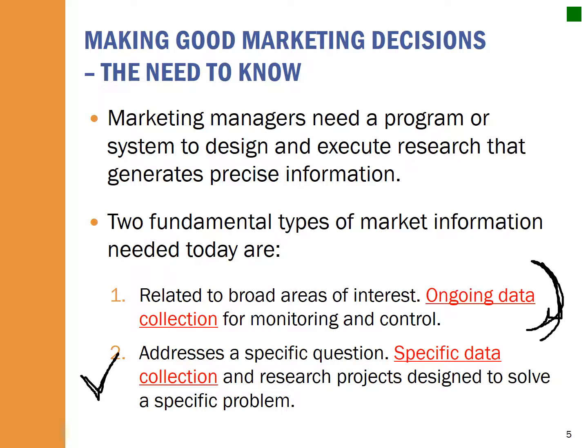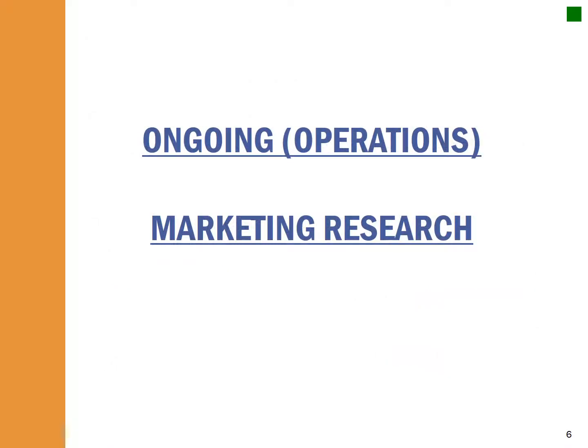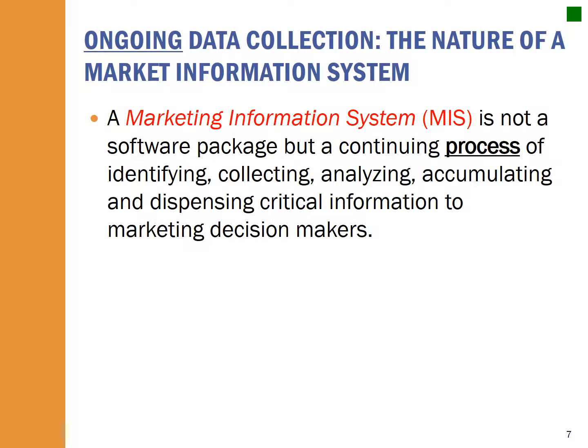The marketing research course that you had will illustrate a system, a set of steps that you take in order to do research, and that is what is communicated in the second half of chapter 3 and of this video series. So let's jump right into ongoing or operations-based marketing research.